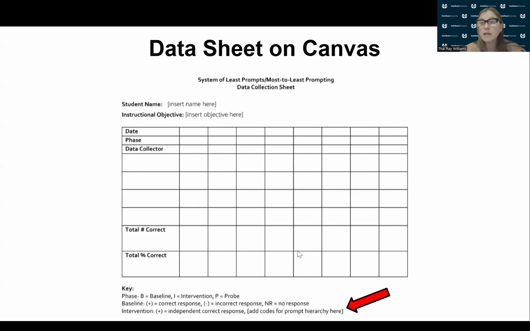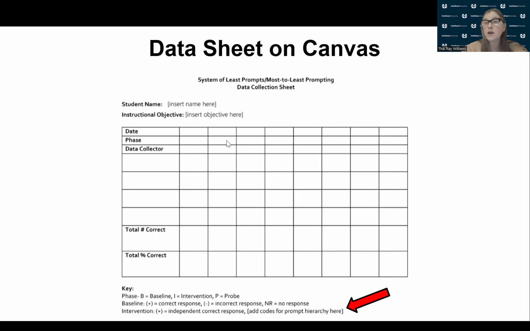So I do want to say that while those data sheets were somewhat cluttered, if you were graphing that data, it would be very easy to see how the student was progressing. And here is an example of a data sheet for the system of least prompts that you can find on Canvas. And again, here for phase, you would put, was it baseline? Is it where you're trying to find out where the student is performing now?